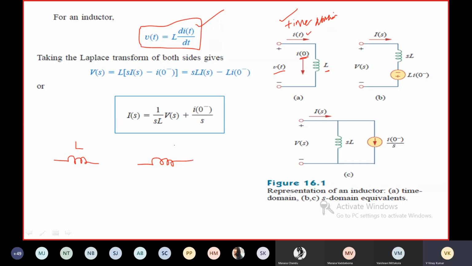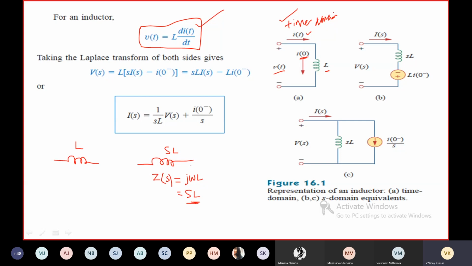In S domain, this will be SL. Okay, this is impedance. Impedance Z of S is equal to what? You know, right? J omega L, or JXL, which is nothing but S into L only. S is nothing but J omega.